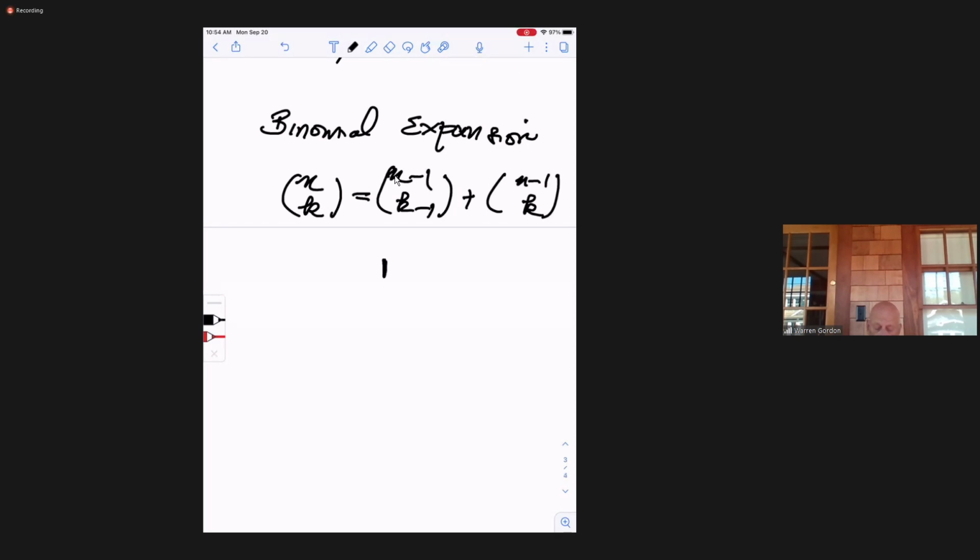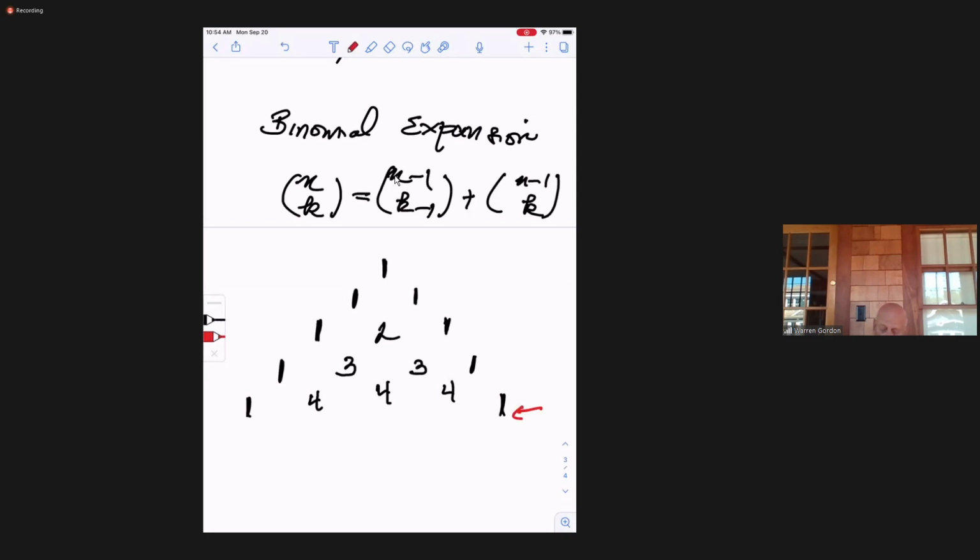Pascal's triangle is you begin with a 1, then go 1, 1. Begin with a 1, add 1 plus 1, you get 2, and put a 1. Begin with a 1, 1 plus 2 is 3, 2 plus 1 is 3, add a 1. One more: 1, 3 plus 1 is 4, 3 plus 3 is 6, 3 plus 1 is 4, 1.